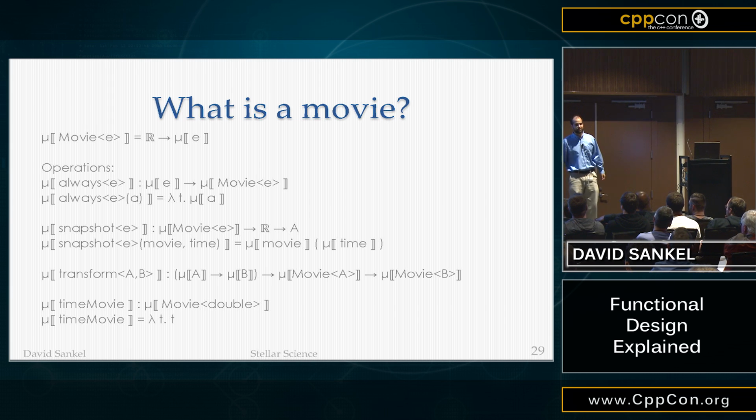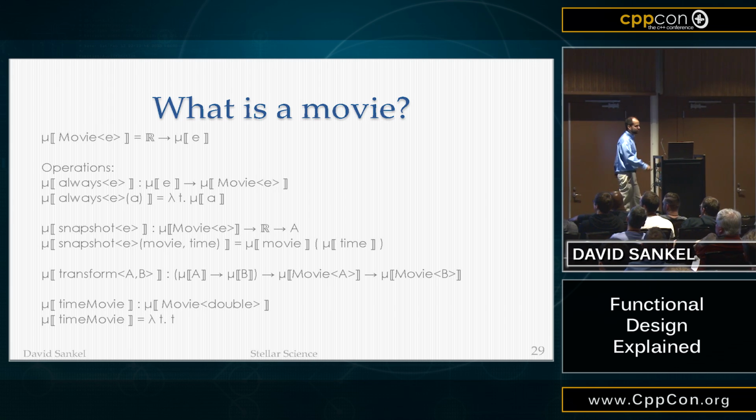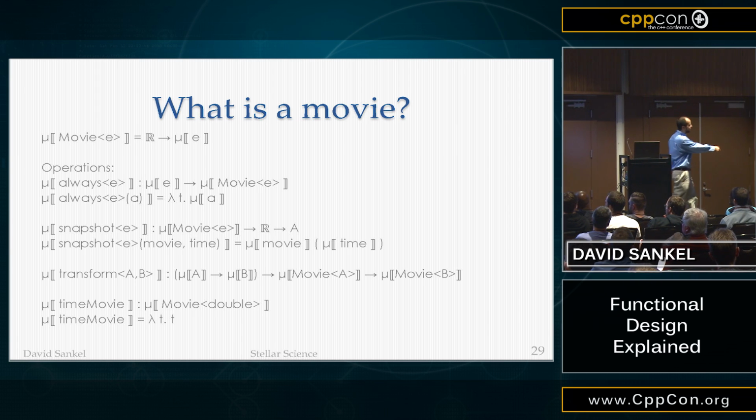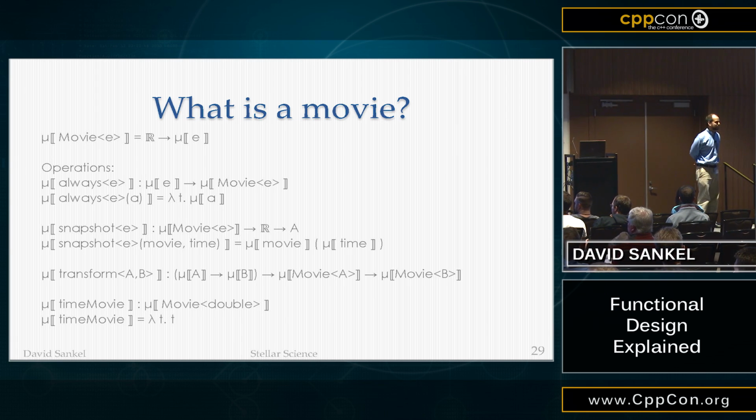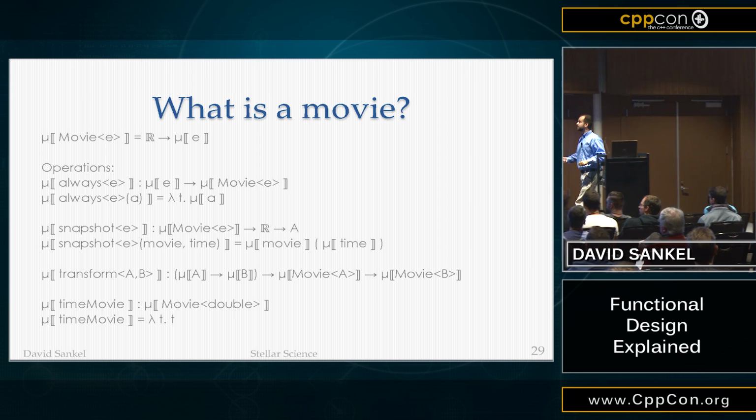Now it's a color movie. So you can transform one movie type to a different movie type. And time movie, this is interesting. We talked about you can have an int movie. Well, here's a double movie that represents the time at every point. So this movie at time 4 is going to have value 4.